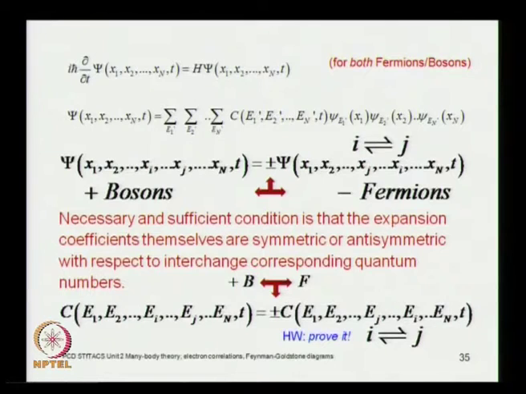I have already given hints about where the proof comes from, but essentially you notice that the statistics is now contained in the symmetry properties of the coefficient, that under the interchange of these quantum states Ej and Ei, the coefficient C will either remain invariant or remain the same amplitude, same modulus, but change its sign, okay, depending on whether you are working with Bose type of particles or Fermi particles.